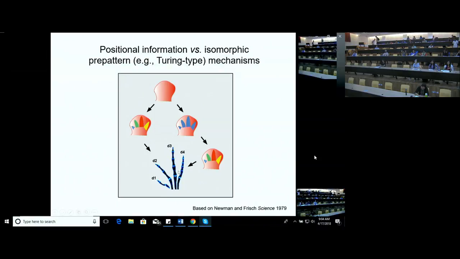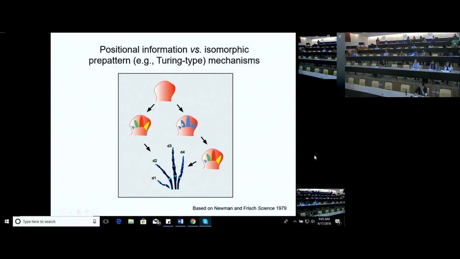The more physically oriented approach that was proposed in the late 70s said that there's a physical process that creates these chemical waves, these non-uniform peaks and valleys of some molecule. And here you see all the fingers when they first emerge are the same as each other.